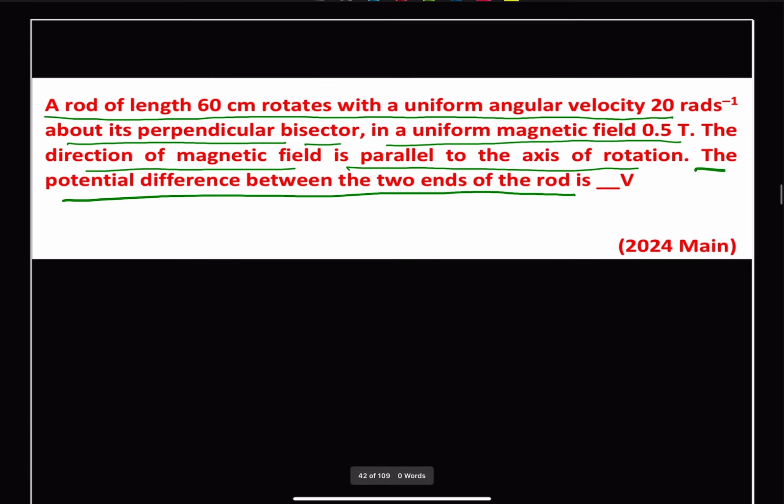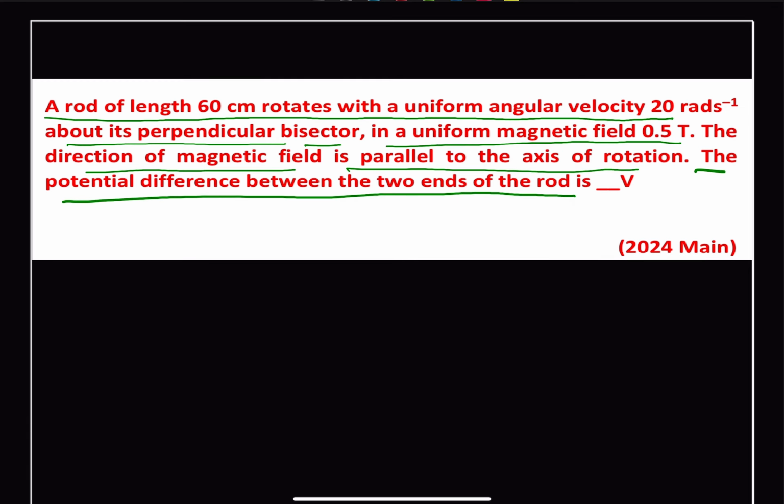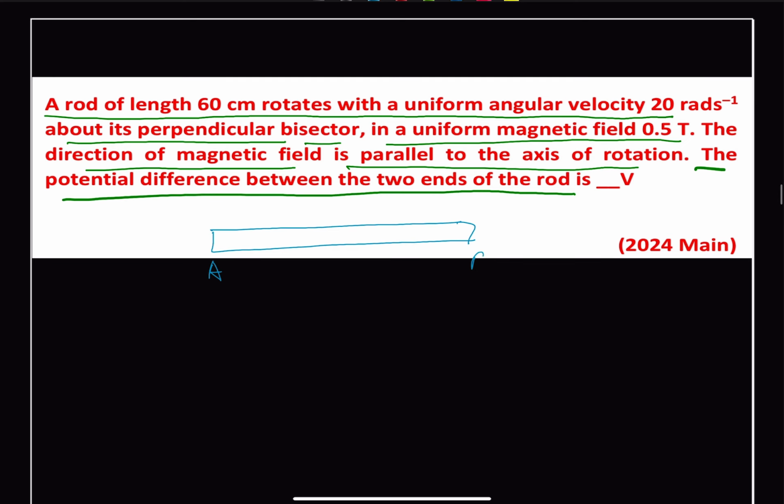So we are given a rod. Let us suppose this is a rod, and we have two ends. Let us suppose this end is A and this end is B, and it rotates about the perpendicular bisector, that is the midpoint. Okay. And the magnetic field is parallel to the axis of rotation, so let us suppose the magnetic field is going inside. And it is rotating in this direction with the angular velocity of omega.